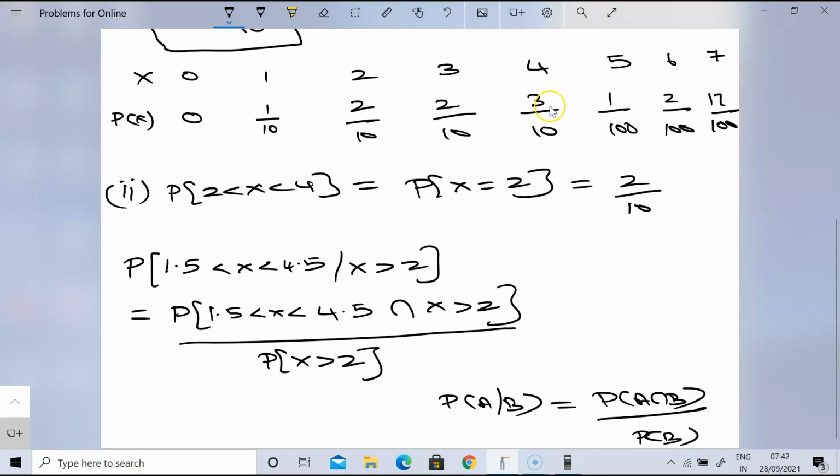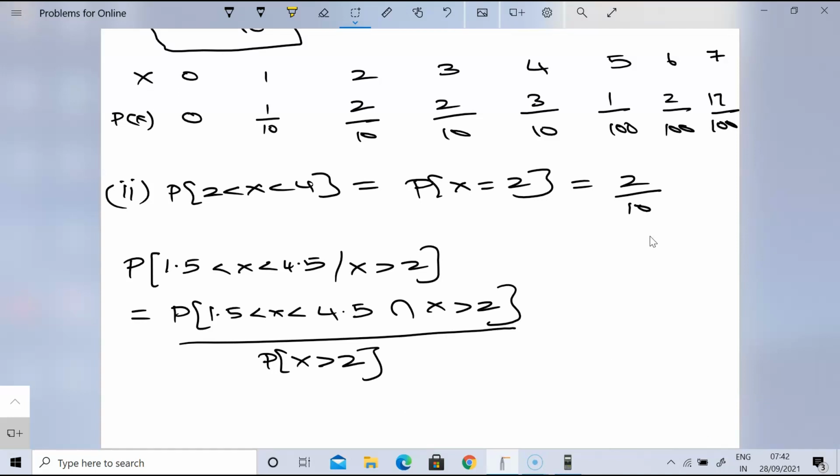Now further I will simplify. I can rub this, because this rule is available from the previous class.